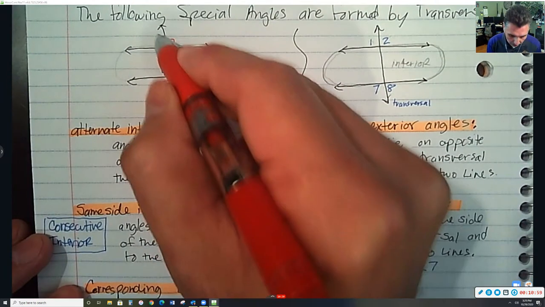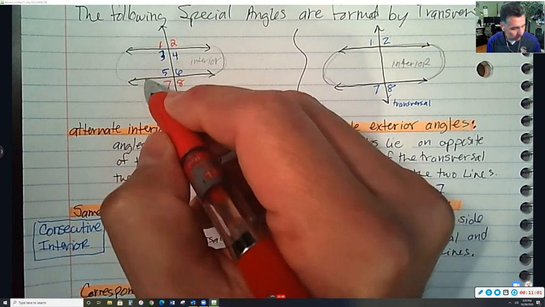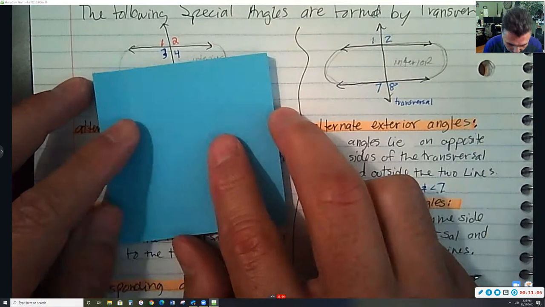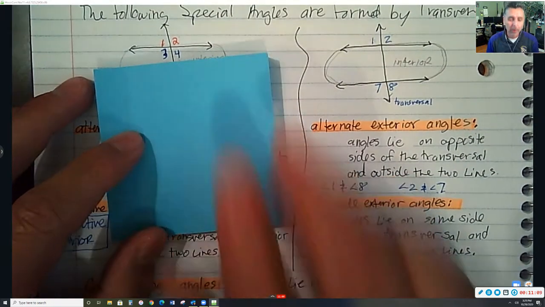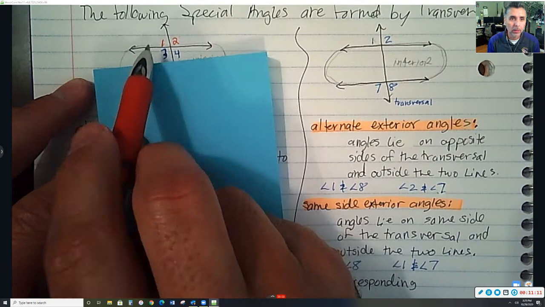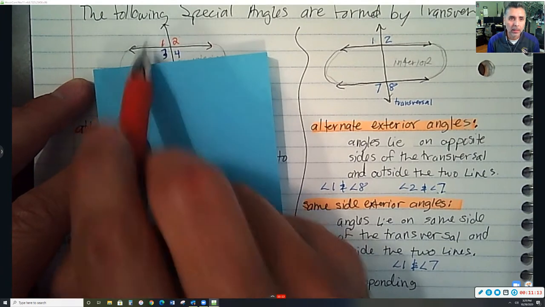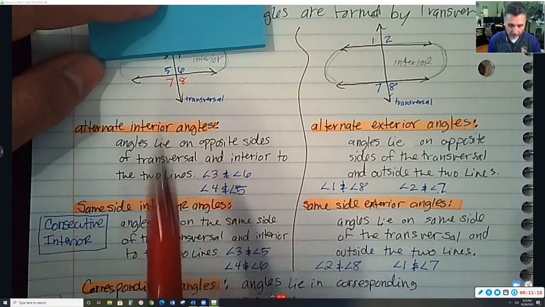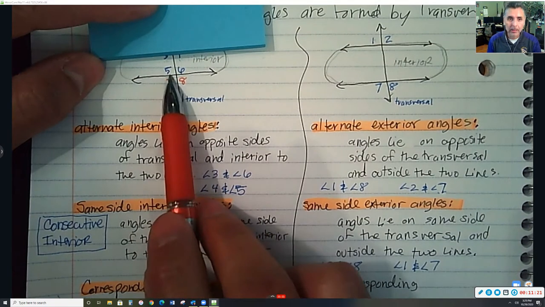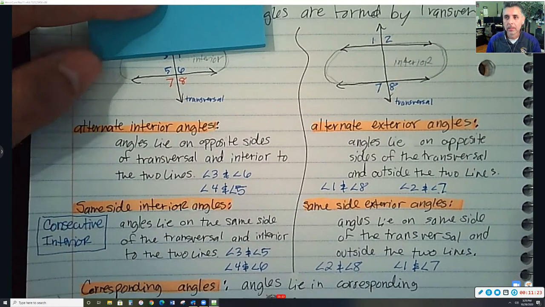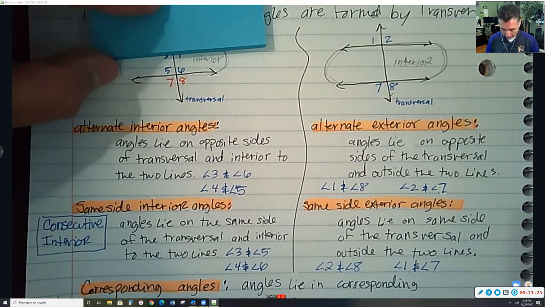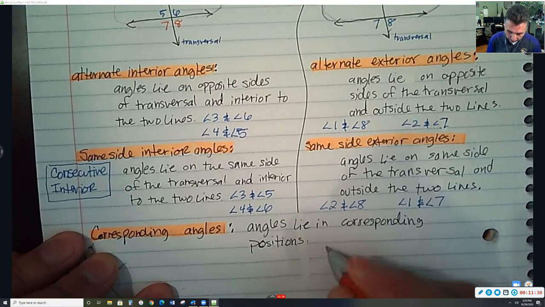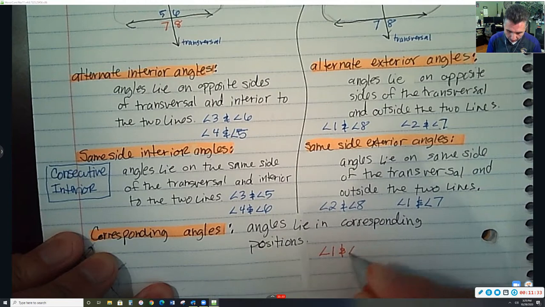So if we look at angle 1 and 5, those are corresponding because, if I'm looking at just this part, angle 1 is in the top left corner of this cross. So if we look at the bottom one, 5 is in the top left corner. Okay, they're in corresponding positions, top left. So that would be angle 1 and angle 5.